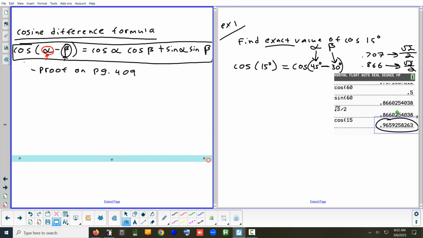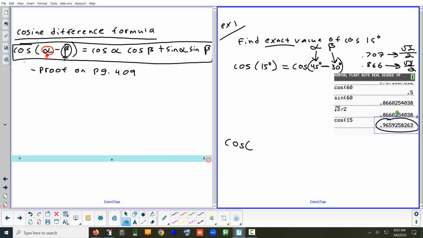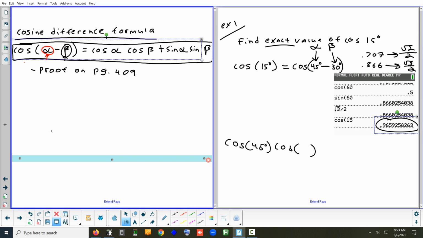So it says to do the cosine of the first angle. What's my first angle? 45. And these are all going to come out to nice numbers that we should recognize. So cosine of the first, times cosine of, what's my second angle? Yeah, 30. The second angle is whatever comes after the minus sign.